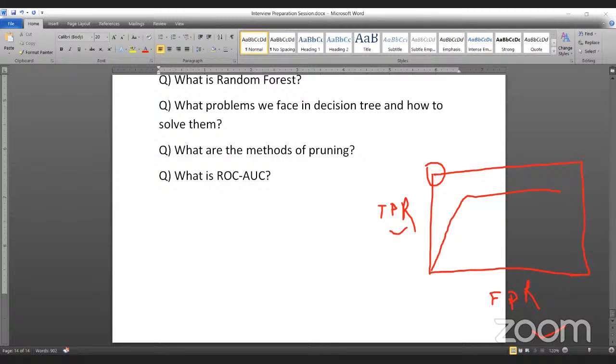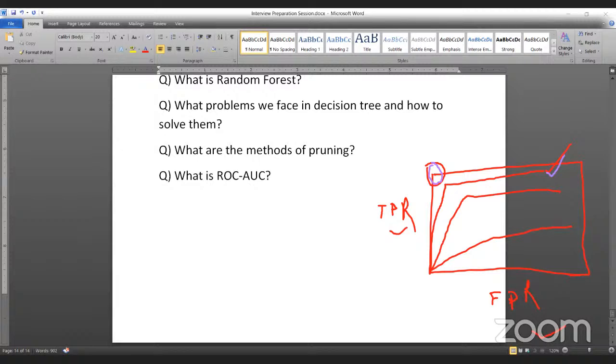Okay, or we can say, suppose we have this, and this, and something like this. Okay, so this is a better model because this curve is closer to the left corner. Okay, so this is a better model.